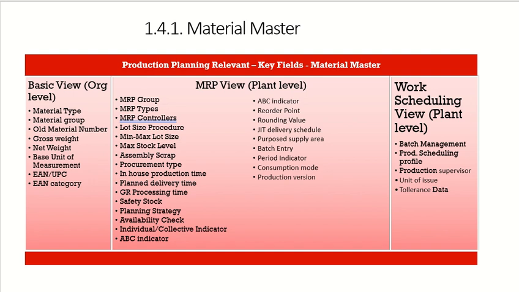In the work scheduling view, we maintain data related to batch processing or scheduling profiles, and the supervisors who take care of that material. So this detail we maintain in material master. And definitely we will have a different session about material master creation, material master reports, and how we use material master in SAP production planning.